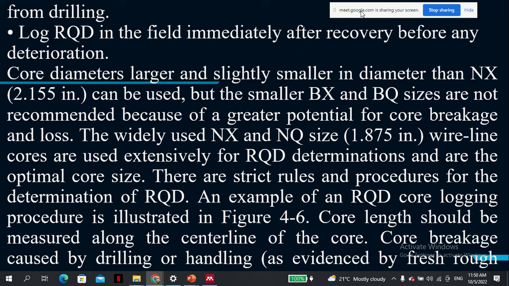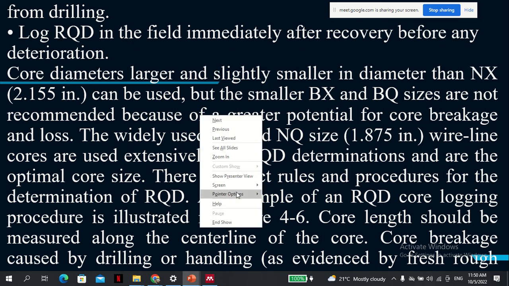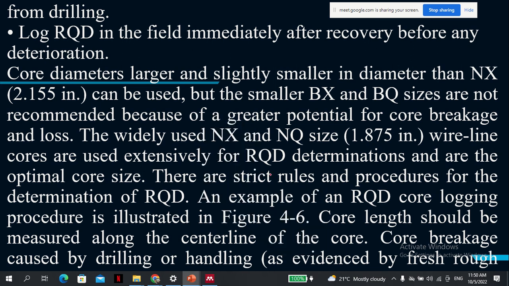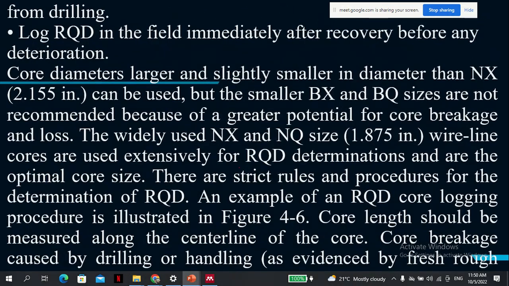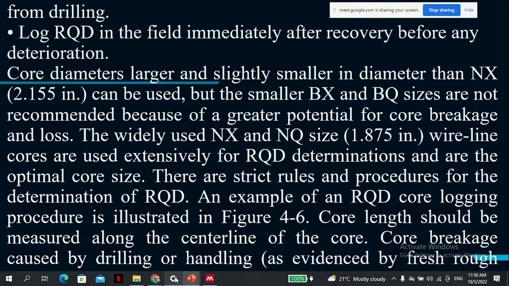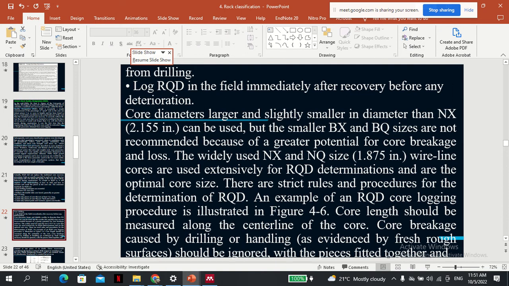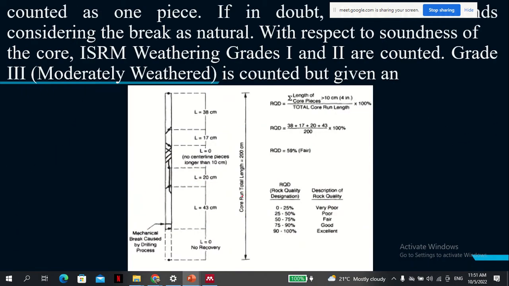Core breakage caused by drilling or handling, as evidenced by fresh rough edges and rough surfaces, should be ignored, with the pieces fitted together and counted as one piece.